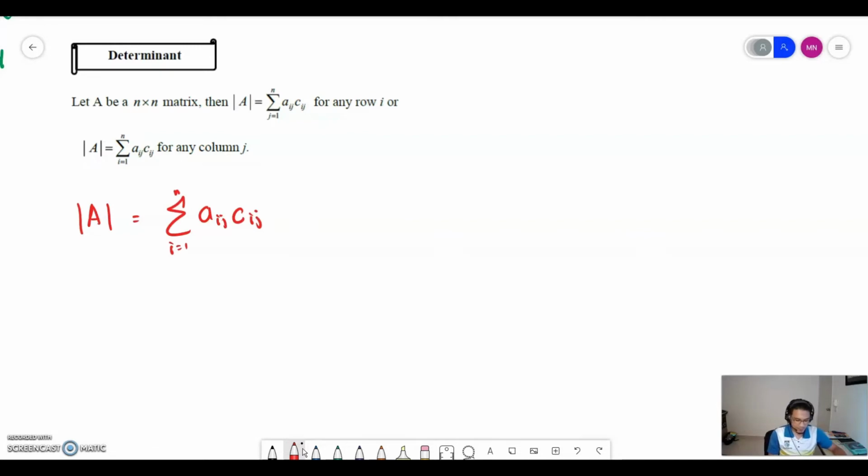Let's say, for example, we have a matrix B, and we do for matrix B as I showed you before, for example minor and cofactor: 2, 5, 4, 3, negative 6, and 2, negative 4, 3, and negative 3.